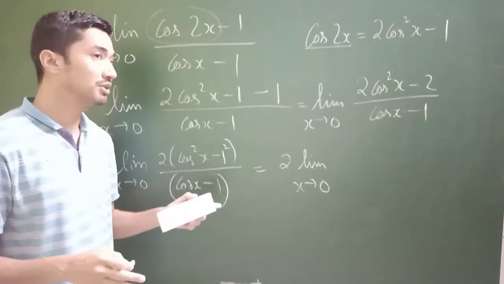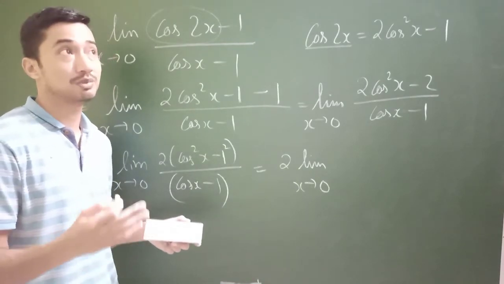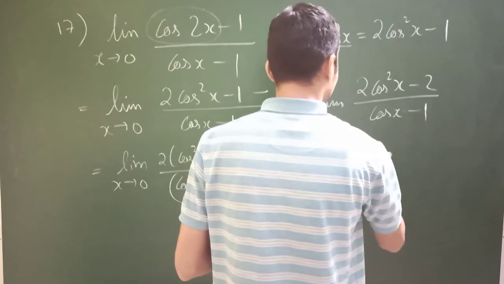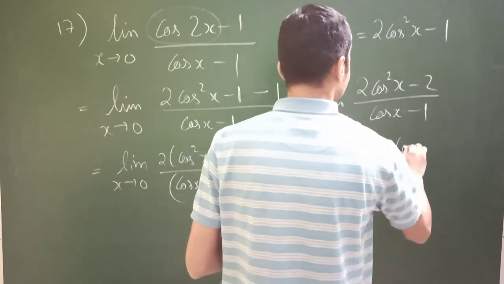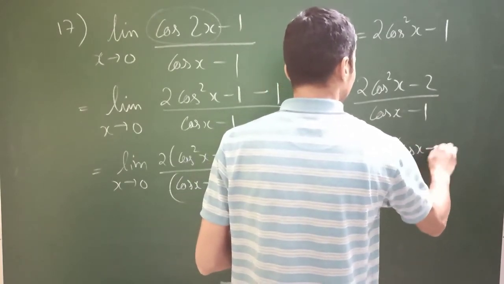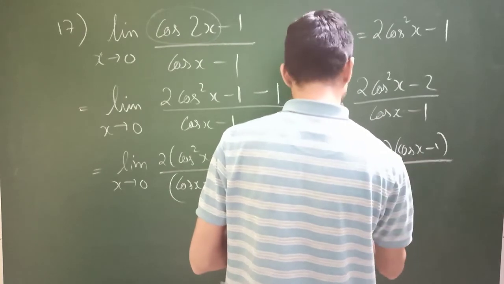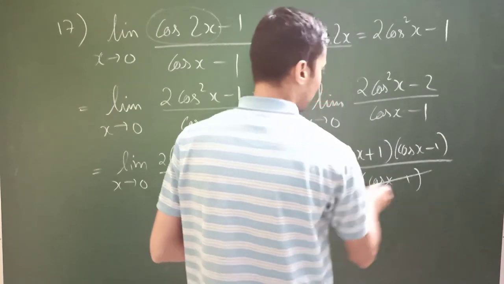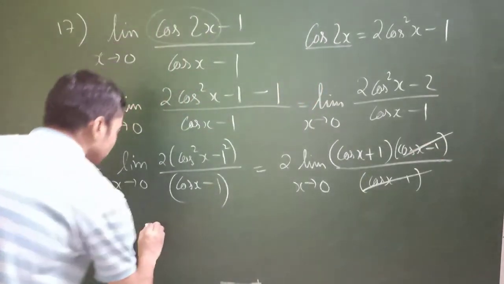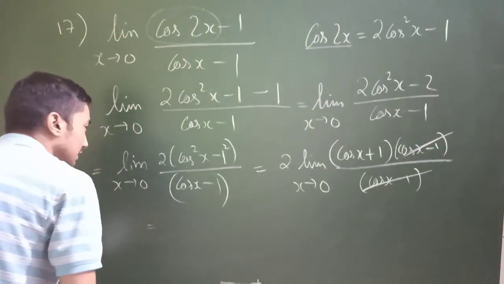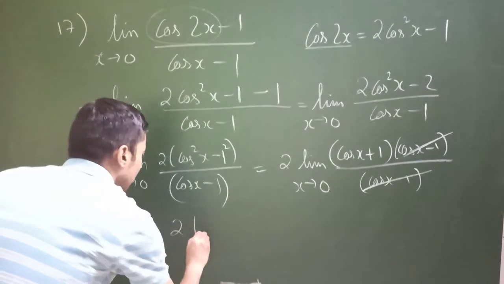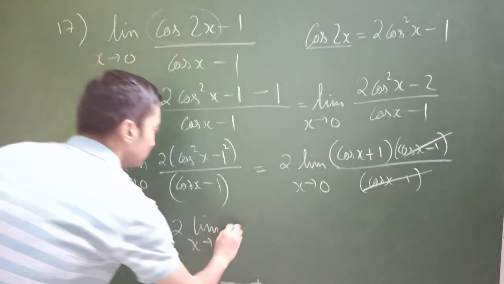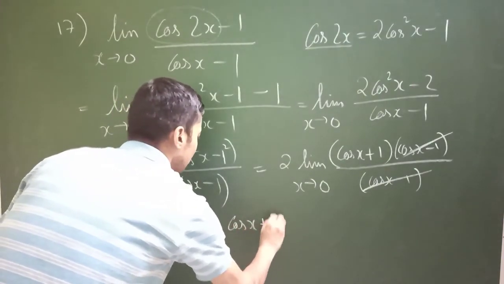So a square minus b square, what was the identity? A plus b into a minus b. So that will give me a plus b into a minus b divided by cos x minus 1. So you just cancel that. So that's going to be twice the limit x tends to 0 of cos x plus 1.